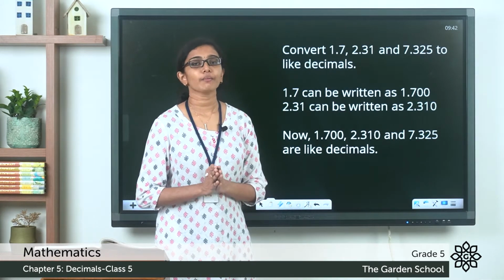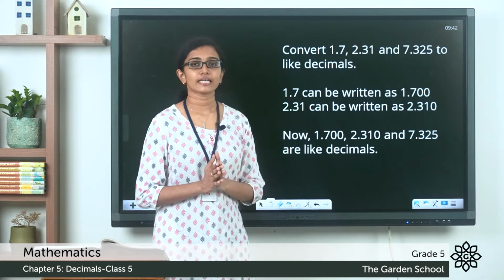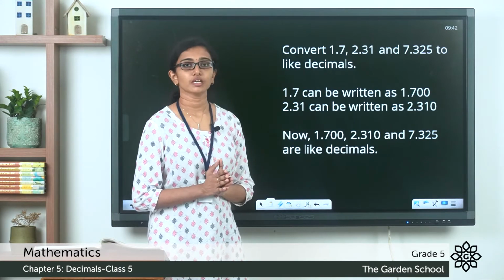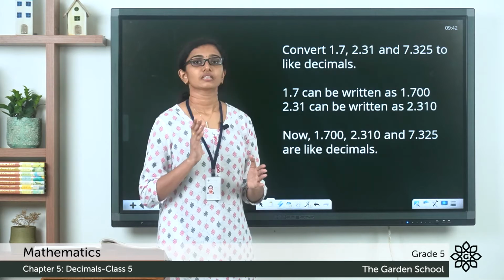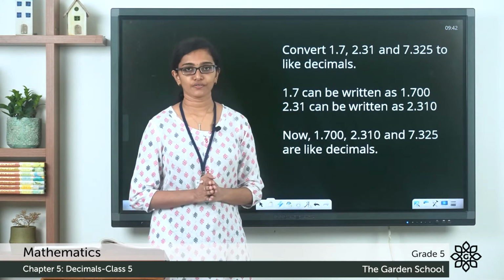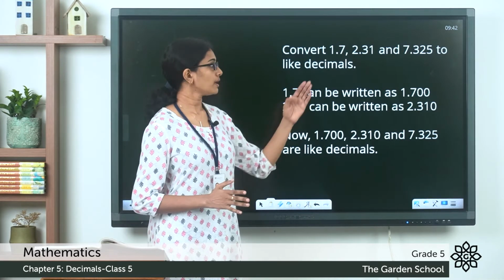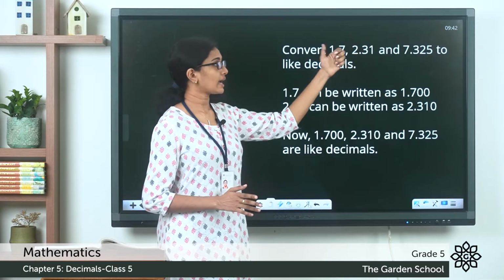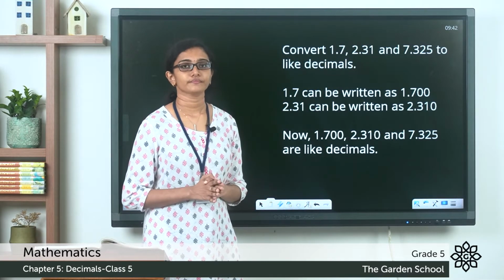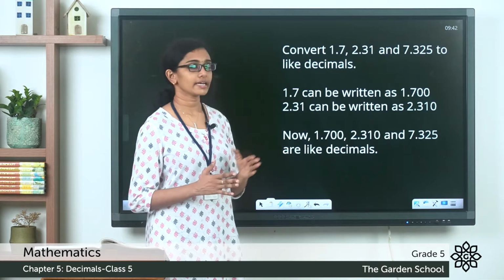So what is the maximum number of digits after the decimal point in the given numbers? It is 3. The third number has 3 digits after the decimal point. But the second one has 2 and the first one has 1. So how can we make them like decimals?